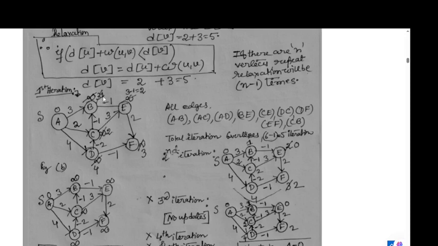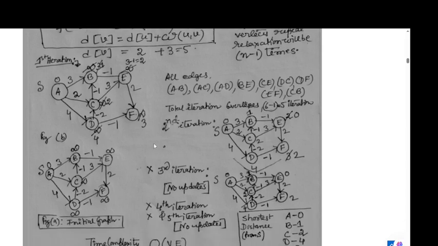So 3 will be updated by 1. Okay, so this is how the first iteration happens. So how many iterations will there be? Because we have 1, 2, 3, 4, 5, 6 vertices, we will have 5 iterations, 6 minus 1, 5 iterations maximum. Before that itself we can converge and get the output.